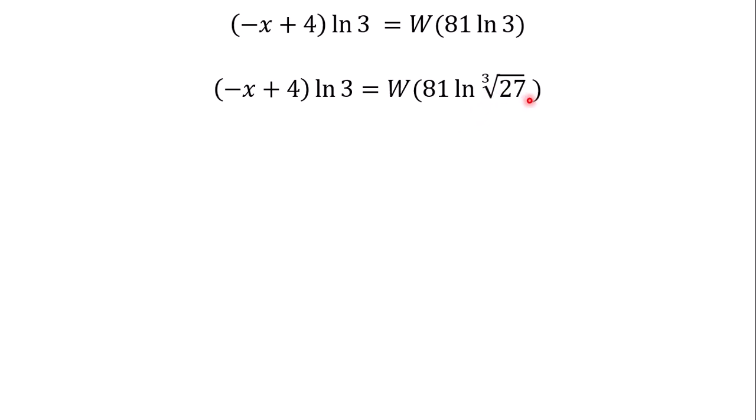Good. So we will write this one as well, 27 raised to the power 1 over 3. And that 1 over 3 will come and multiply this one. And that 81 multiplied by 1 over 3 will give us what? 27.